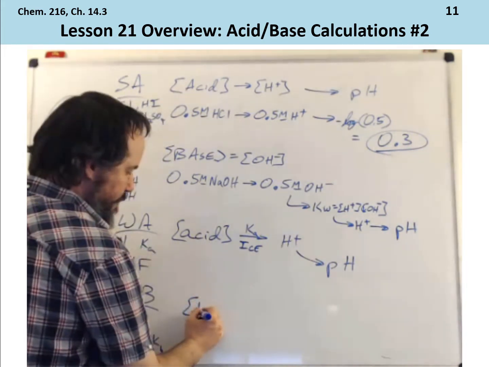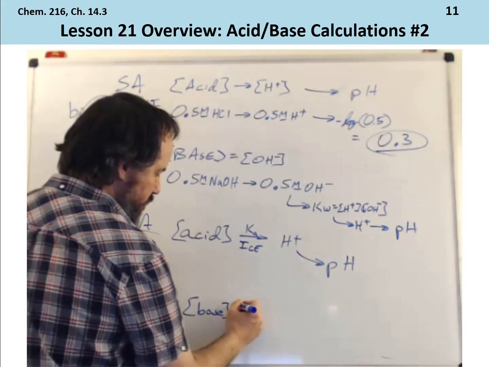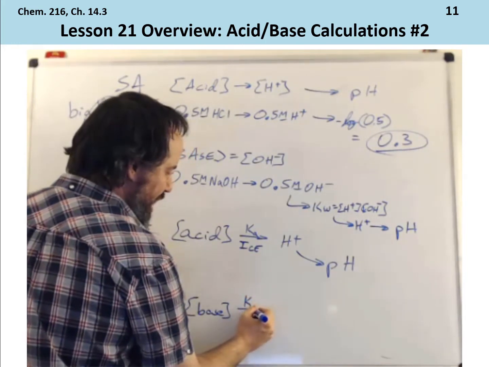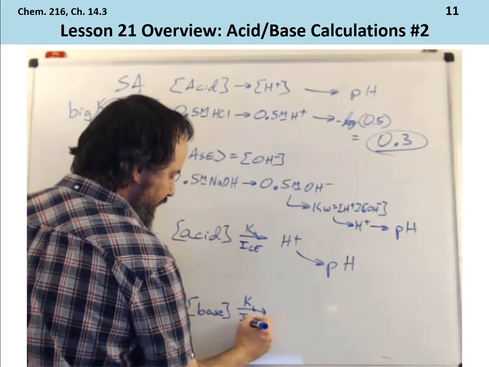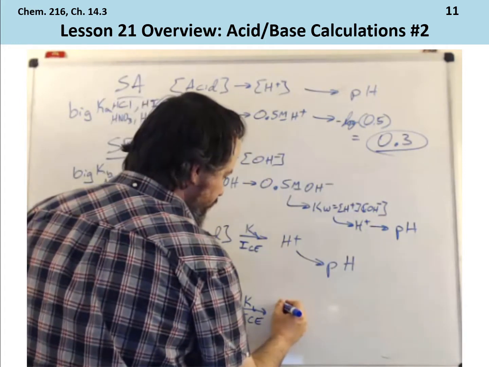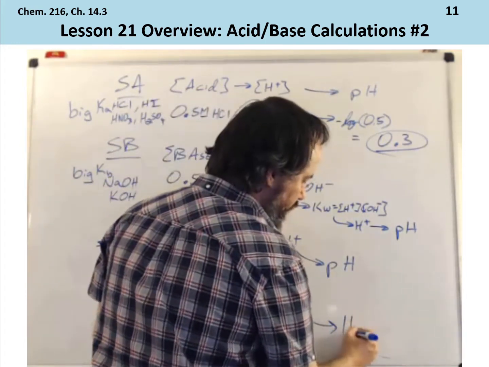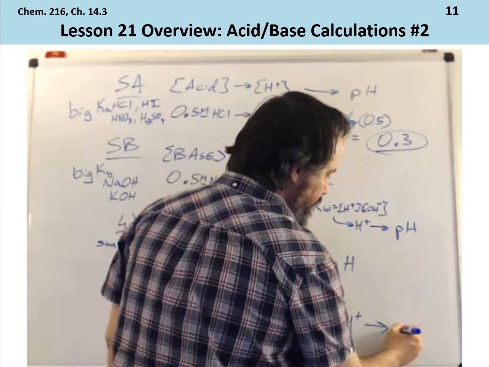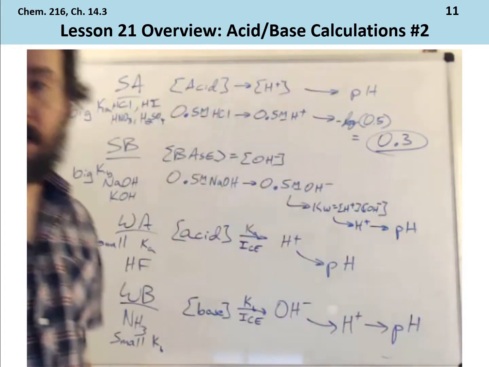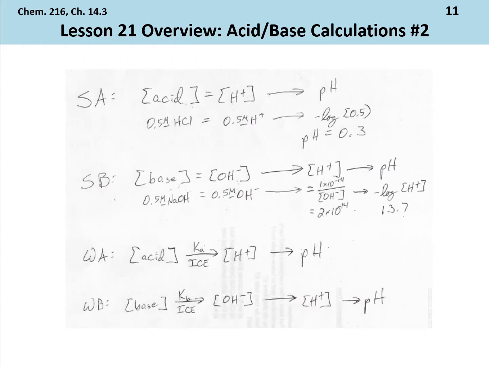I'm going to take my base concentration, use its Kb and the ice diagram to find the OH minus concentration, convert that to H plus, and then finally pH.